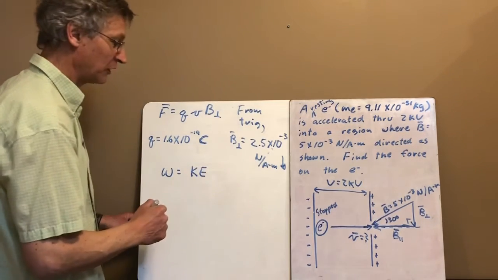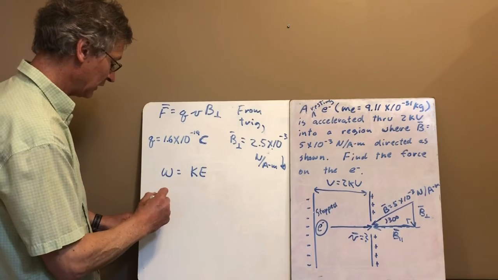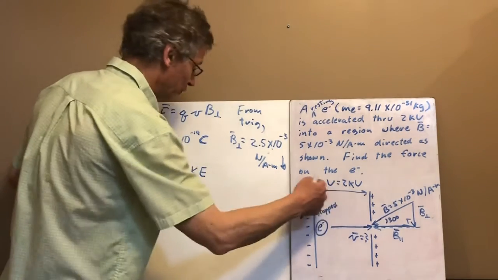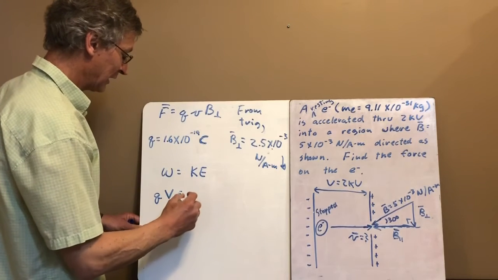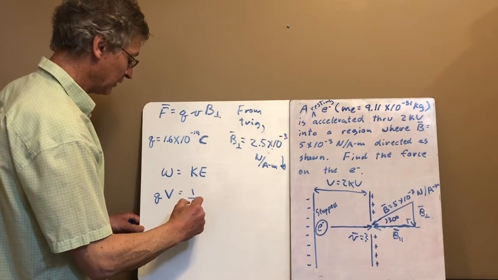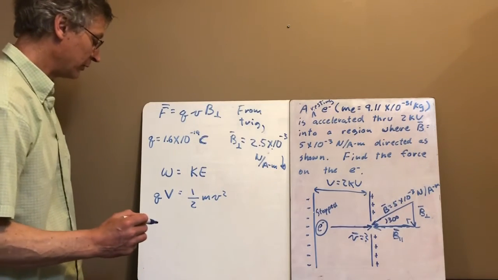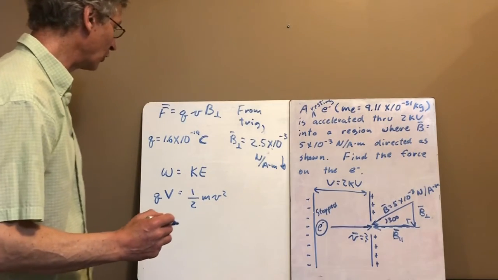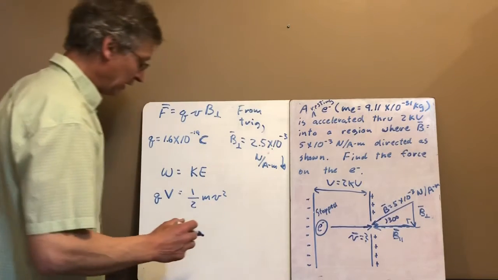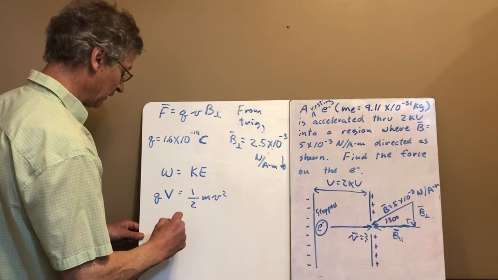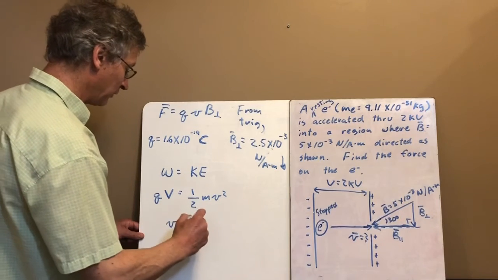So the work done on the electron, well, that's going to be the charge times the voltage you move it through. The kinetic energy of the electron is going to be 1/2 mv squared. Okay, and if we solve this equation for V, what do we get? The 2 goes up to the other side.